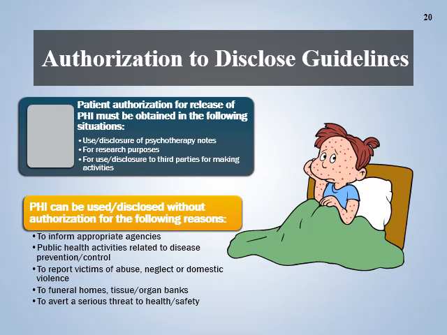Authorization to disclose. There are two things: generalized consent and authorization. Generalized consent is basically anything they call TPO. You don't need to actually get formal consent if it's for the purpose of treatment, payment, or healthcare operations.